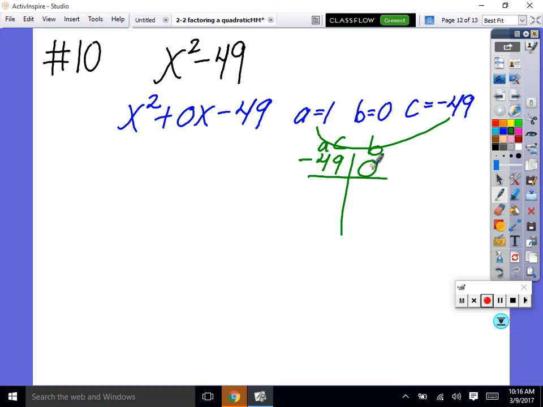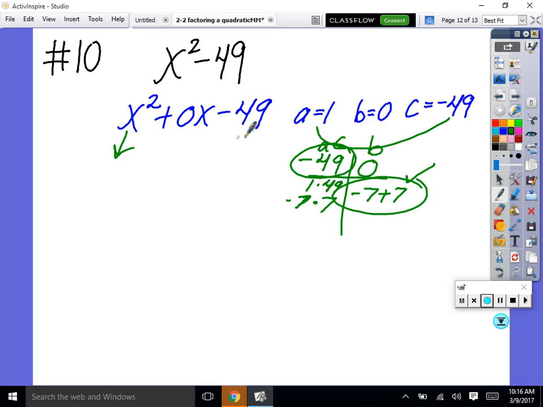Negative 49: 1 times 49 and 7 times 7. Which one's going to be 0? 7 and 7. One of them would have to be negative, which works, because negative 7 times positive 7 is negative 49. Negative 7 plus 7 is 0. So those are our factors.